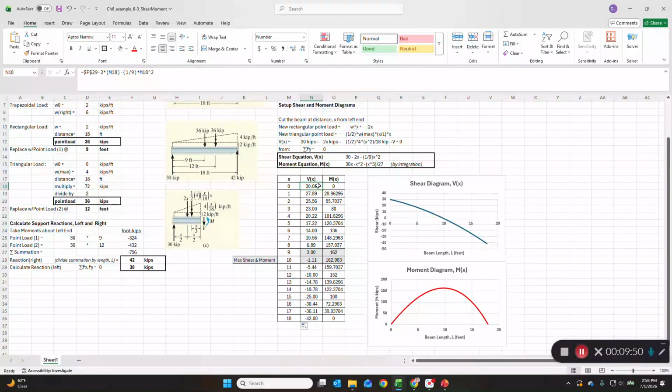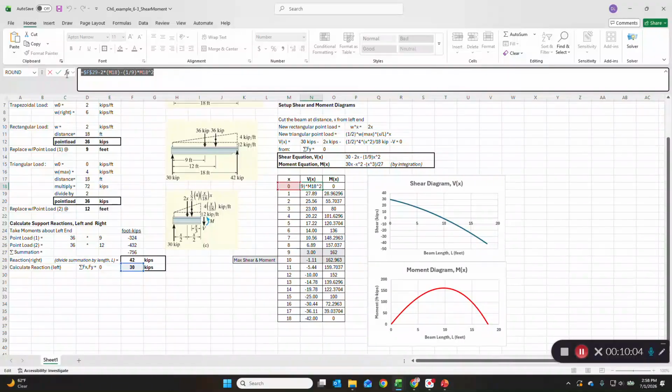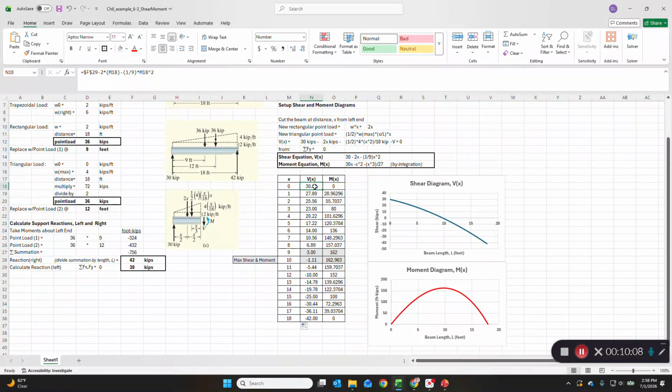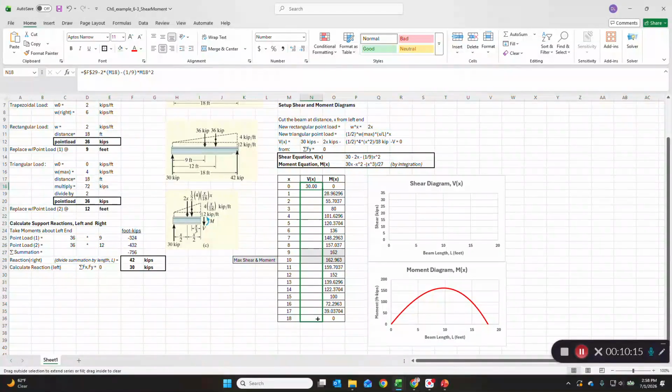You're taking 30 as a constant in both cases, you're subtracting 2 times whatever the x value is from the shear, and then minus 1/9 of whatever the x value squared is, and then you will get that. You can see there's the equation up here in the formula bar, and you're just going to copy that. You only have to type it once, as you know, and then you'll just copy it down like so.